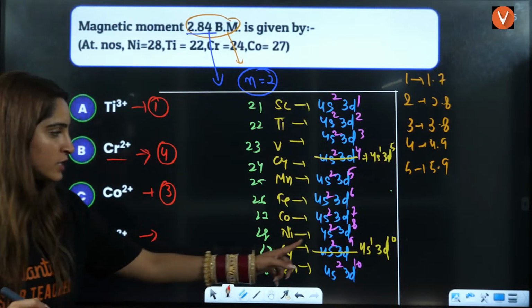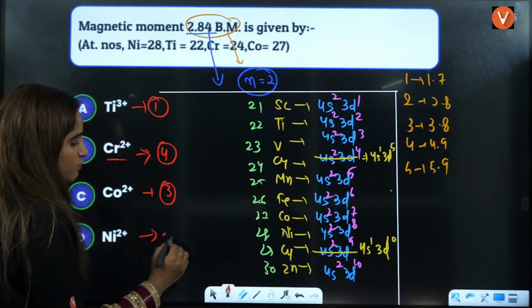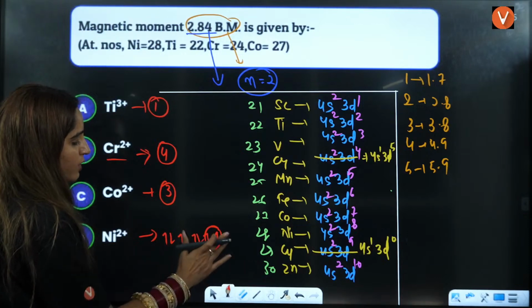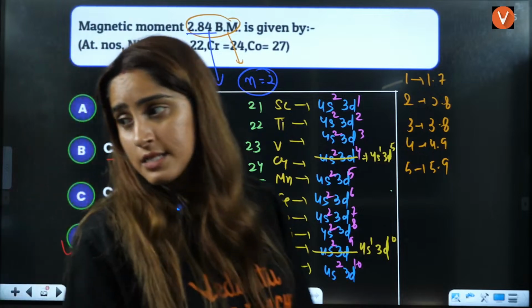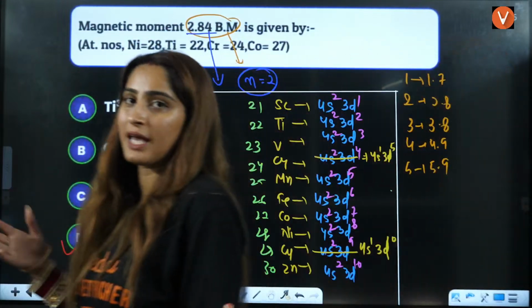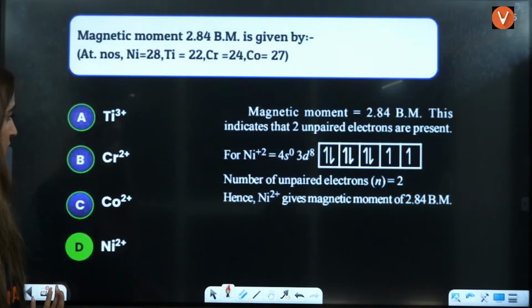For nickel, it is 3d8. You take out 2 electrons from 4s, and 3d8 gives 2 unpaired electrons. So D is the correct answer. I wrote down everything here so that you can answer other questions related to this. So D is the correct answer.